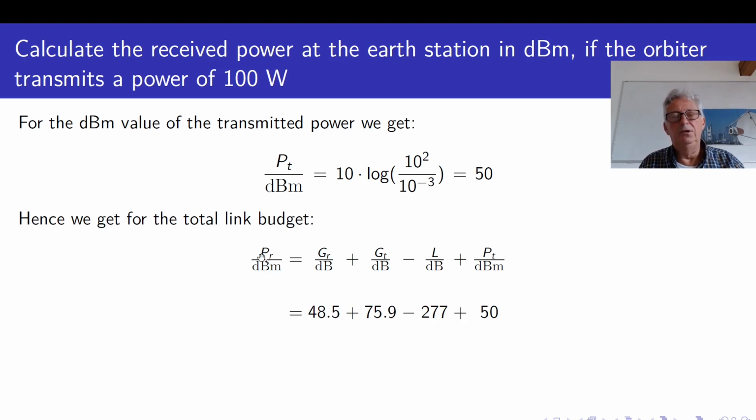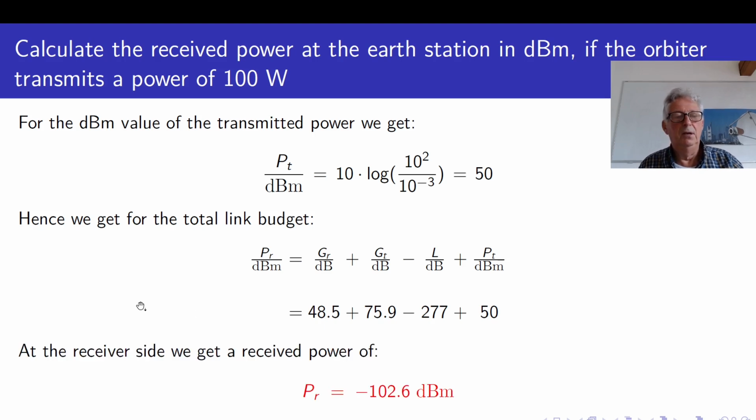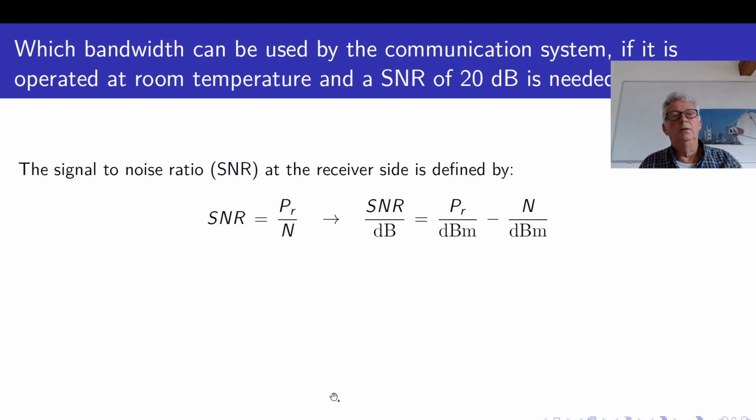So the received power in dBm is given as the sum of these numbers, and so we result for the received power on the receiver side in a value of PR is minus 102.6 dBm.